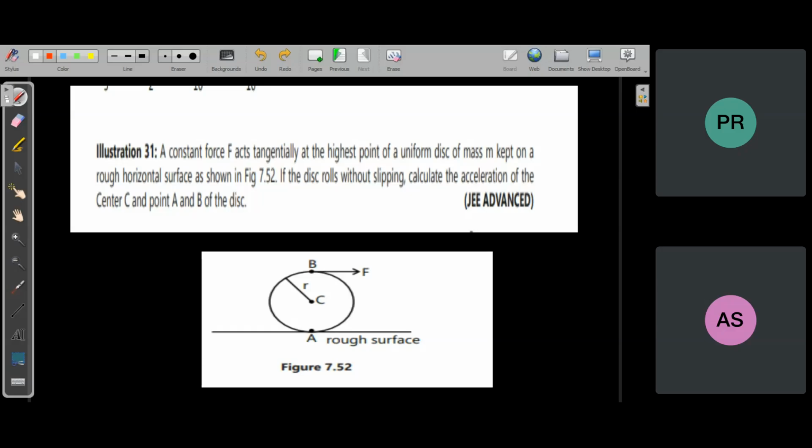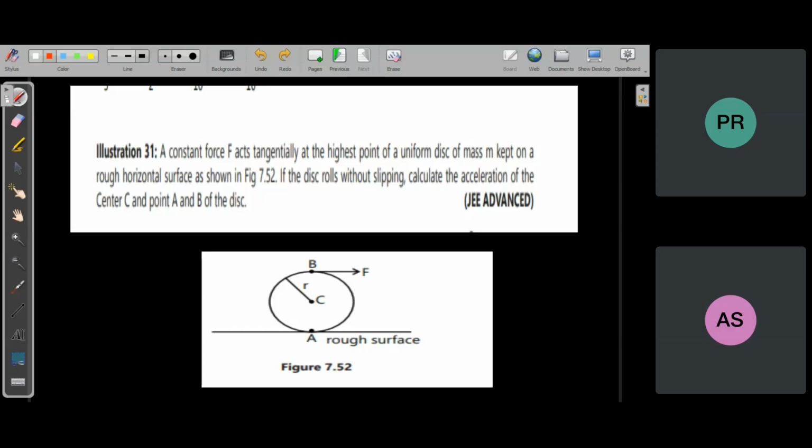Now the second equation. Sir, we can write it for the rotational motion: torque equals I alpha. What is torque? The torque due to the force capital F will be minus f directly. Read the complete equation that you have written.